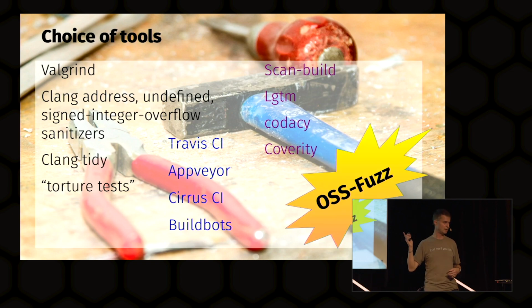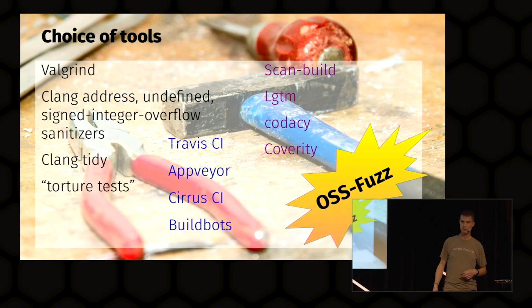And we are part of the Google OSS-Fuzz effort. Fuzzing is fun, and when everything else is green and happy and dandy, we throw it to the fuzzers, and they find a lot of crap and bad code. But we've done it for a while now. OSS-Fuzz is an awesome project.